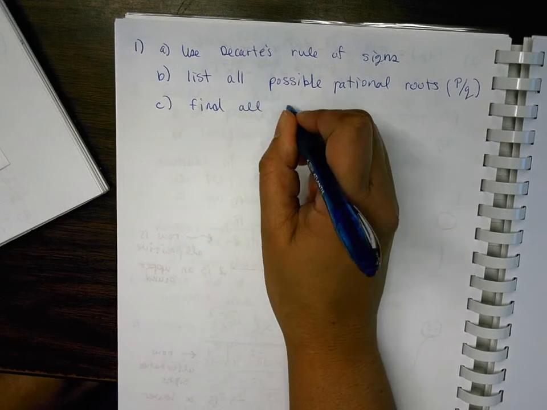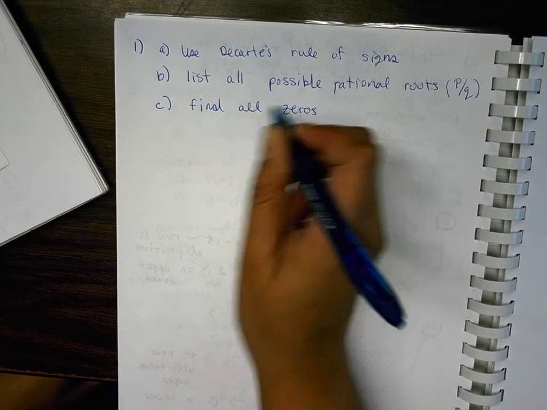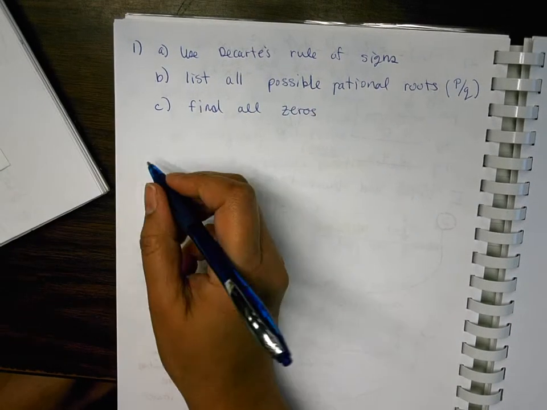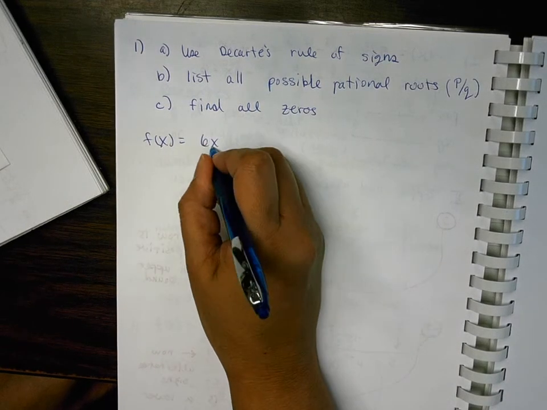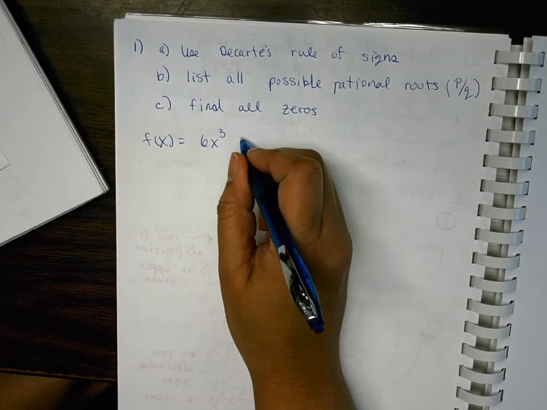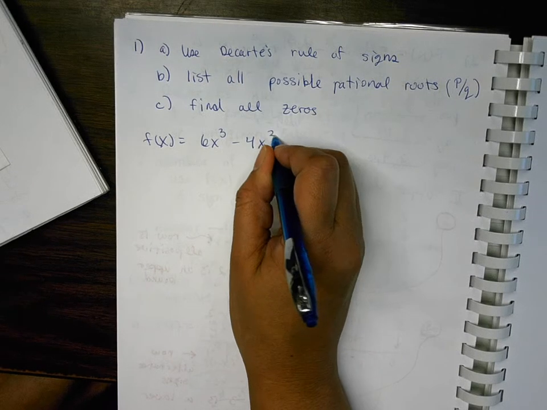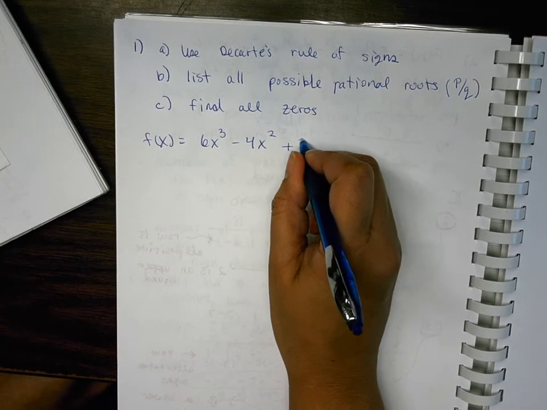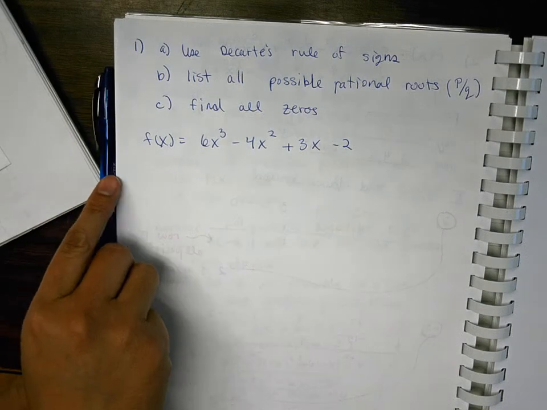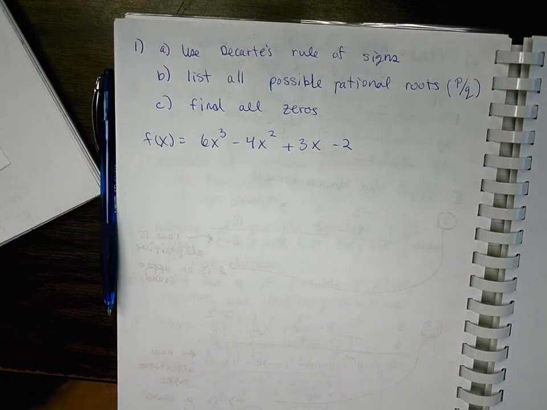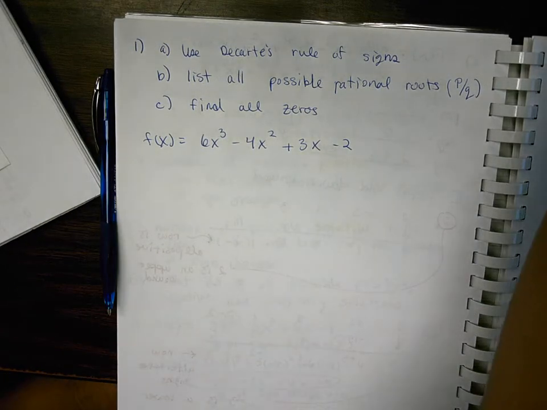All right, part C, find all zeros. All right, f of x equals 6x to the third minus 4x squared plus 3x minus 2.